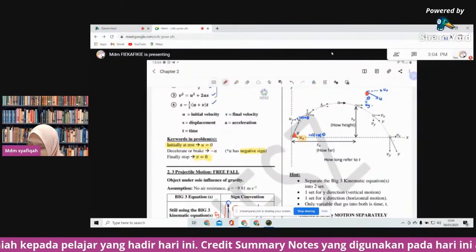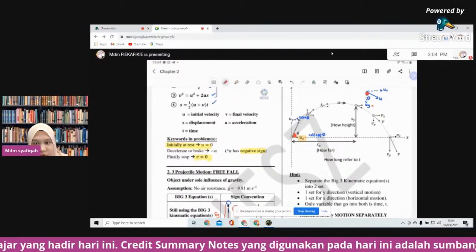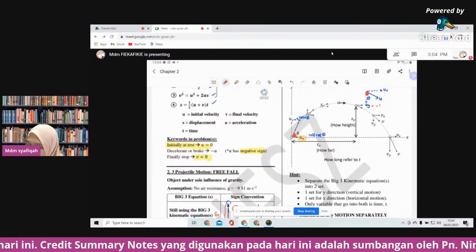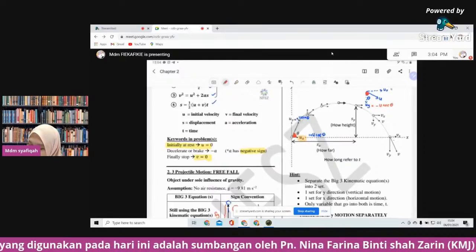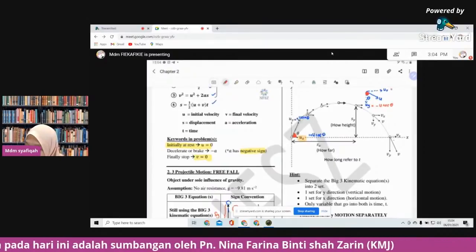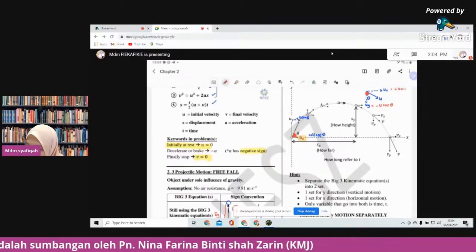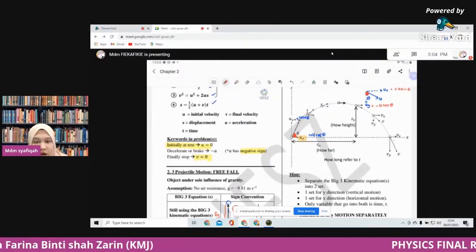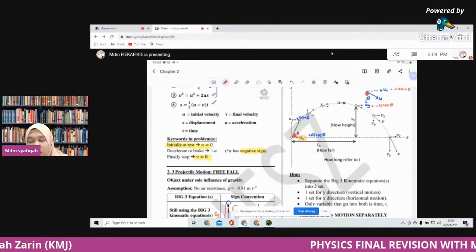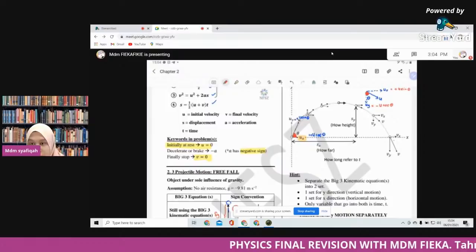So Uy is equal to, the direction of Uy is downward, so negative U cos theta. And this one is positive because it's to the right, so positive U sin theta. Boleh? So tengok soalan, tengok angle, jangan hafal. Jangan hafal Ux cos, Uy sin, tak nak macam tu, okay?